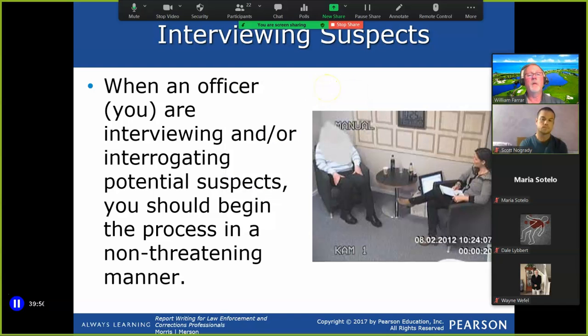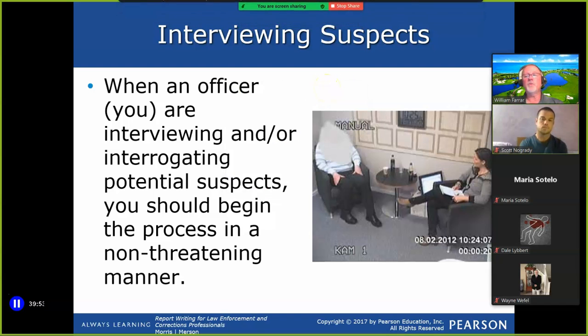So as we turn the conversation more towards the suspects, okay, when you are interviewing, or more aptly put, interrogating potential suspects, you still want to begin that process in a non-threatening manner, because your goal here is to get a statement from the person that will help you meet the elements of the crime that you're trying to document.